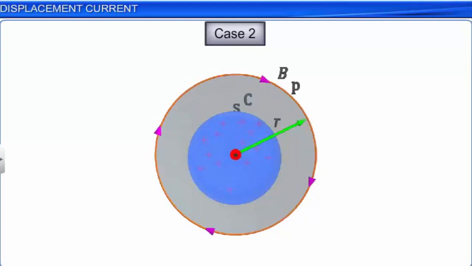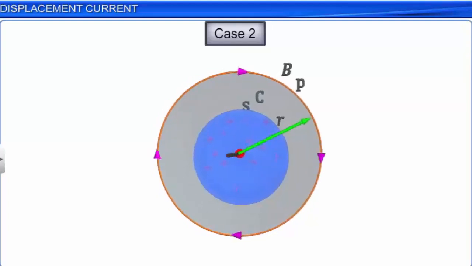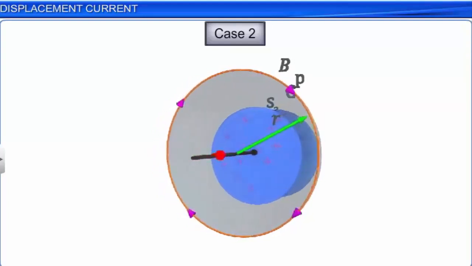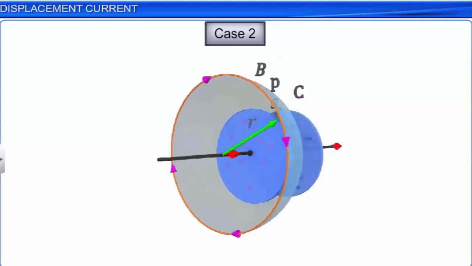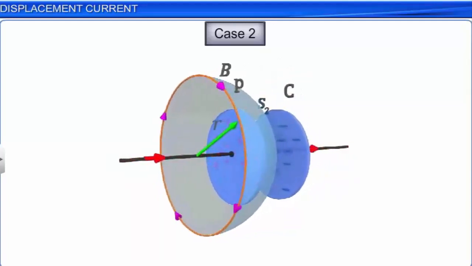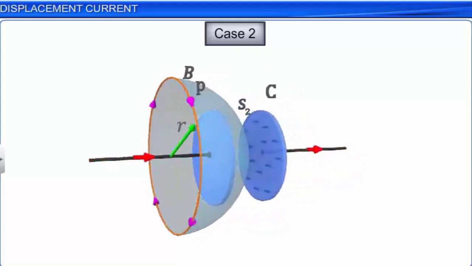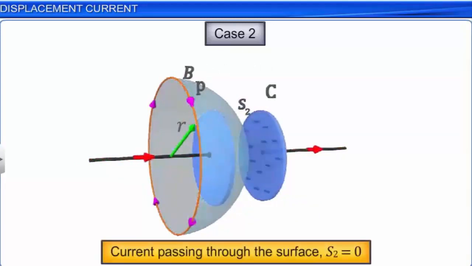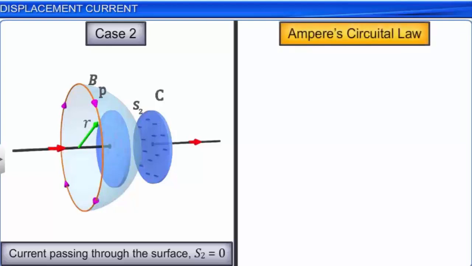The surface S2, which is in the shape of a cup, does not touch the conducting wire and the plates of the capacitor. Thus, the current passing through the surface S2 is equal to 0. From Ampere's circuital law, integral over the closed loop B dot dl is equal to mu naught IT.